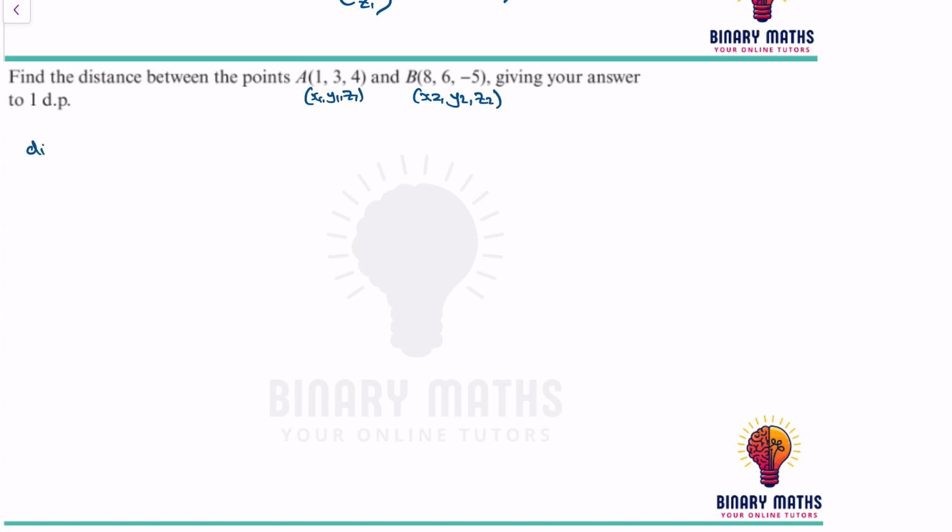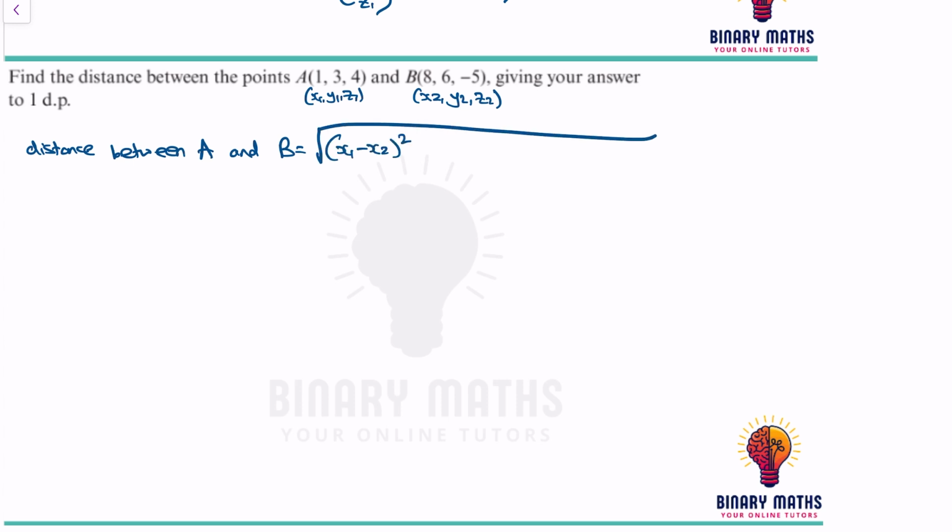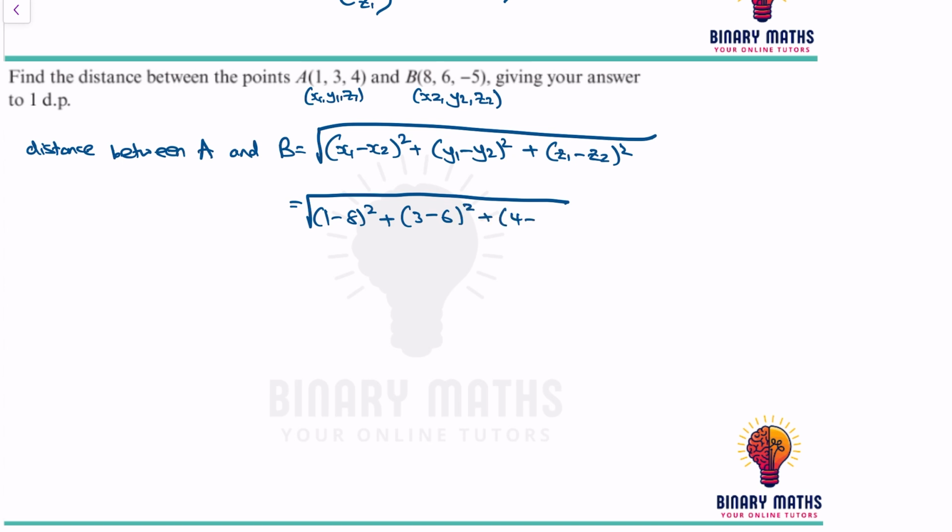Then the distance between A and B is equal to the square root of x1 minus x2 squared plus y1 minus y2 squared plus z1 minus z2 squared, which is equal to 1 minus 8 squared plus 3 minus 6 squared plus 4 minus 5 squared, which gives me 7 squared, which is 49, minus 3 squared, which is 9, and a 9 squared, which is 81.